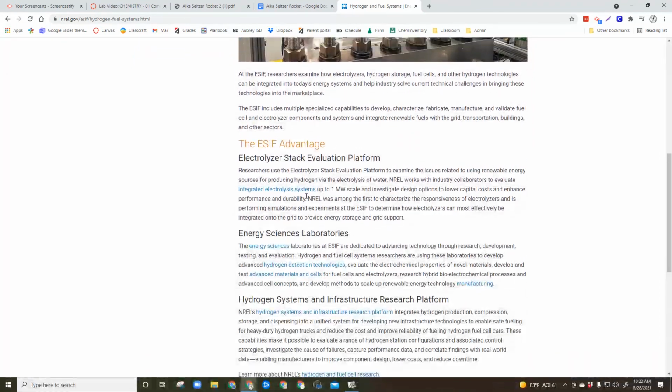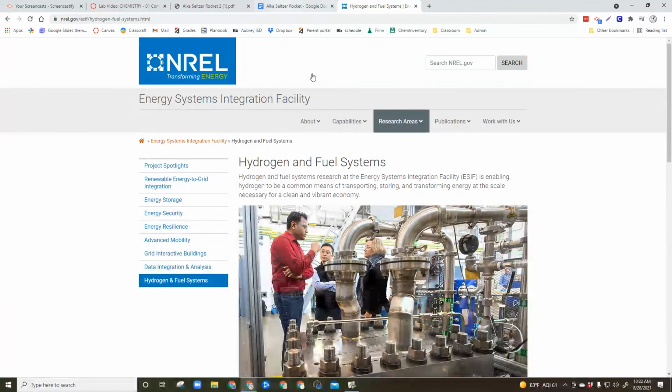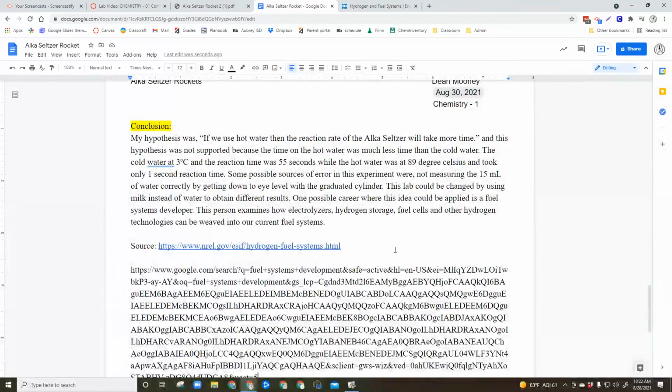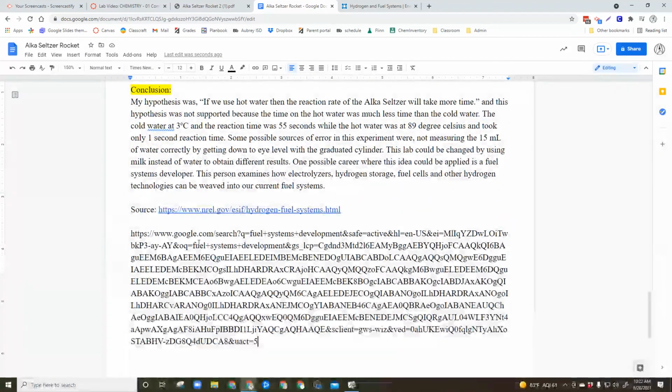I think I read some stuff down here and decided, yeah, that's a career. Just quick little research. I don't mean you have to research for hours. But giving me this garbage right here, no, that doesn't work as citing your source. It's got to be a specific website that you go to. Okay? So do not do that.